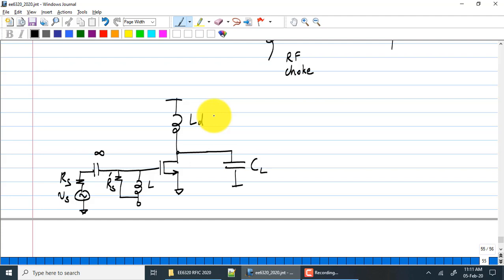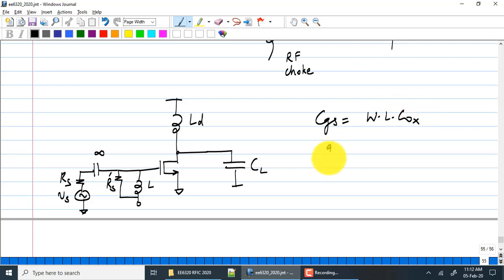You should choose LS. Yes, sure. So now, if you take CGS for example, it depends on length and width.